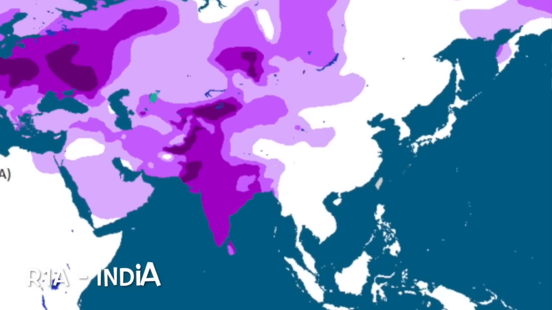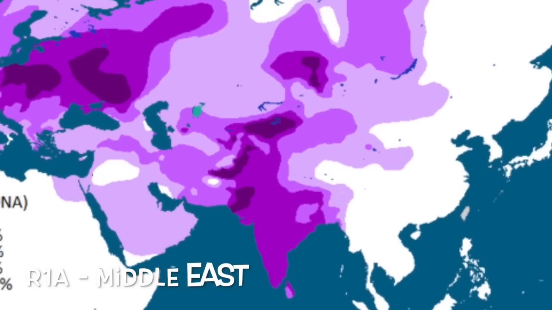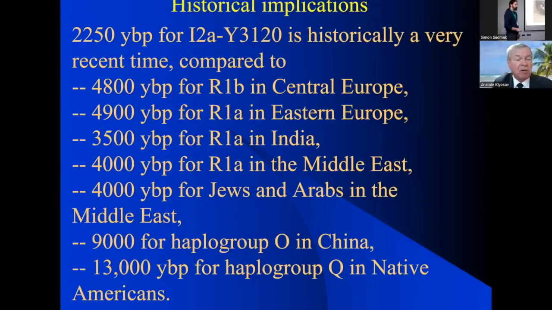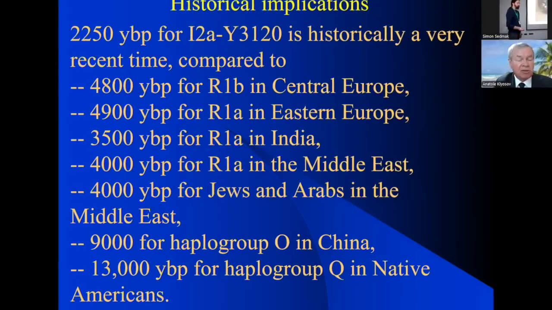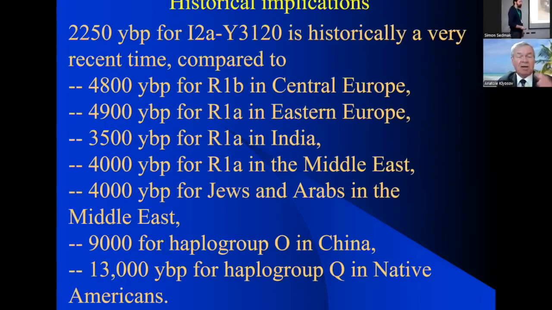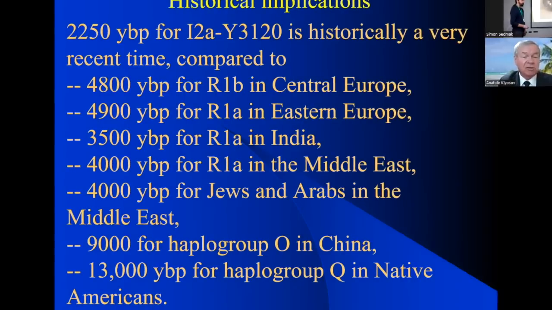For R1a in India, it would be 3,500 years. For R1a in the Middle East, which are descendants of those Mitanni Aryans, it would be 4,000 years. For Jews and Arabs, it would be 4,000 years. By the way, the Jews and Arabs have a common ancestor who lived 4,000 years ago.